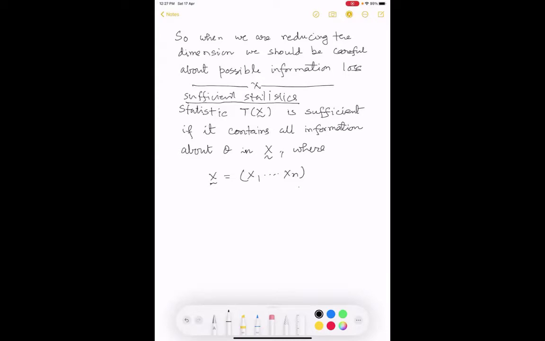The book is Probability and Statistical Inference by Professor Nitish Mukhopadhyay. His book is, I think, from Marcel Dekker.